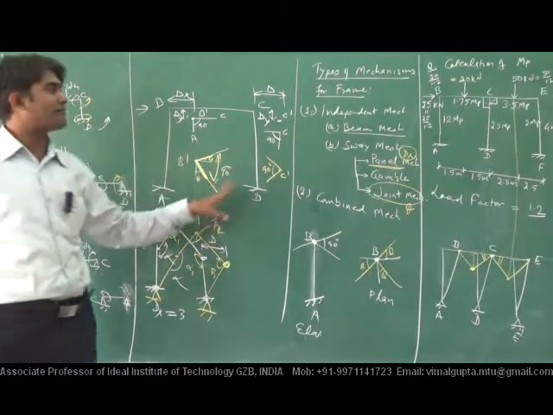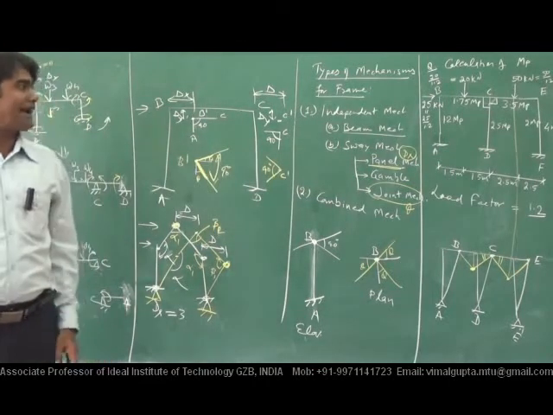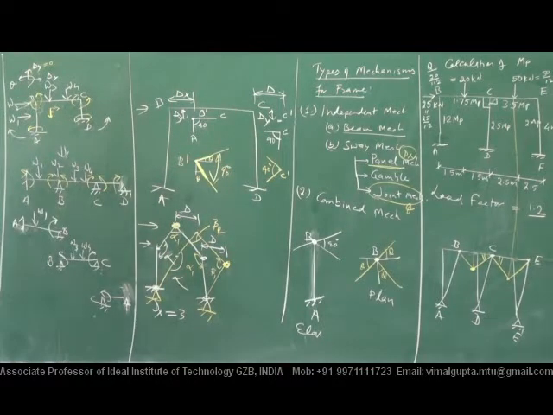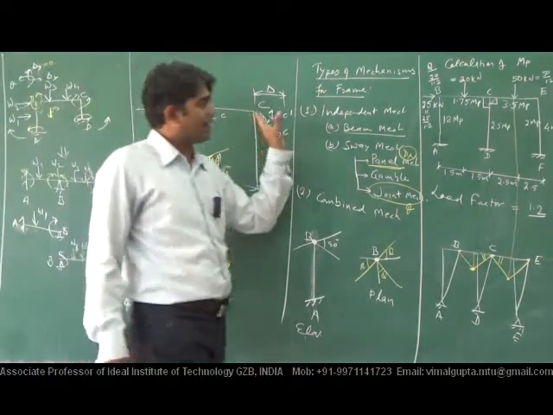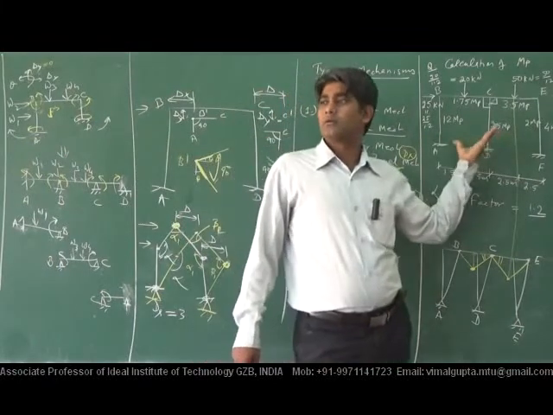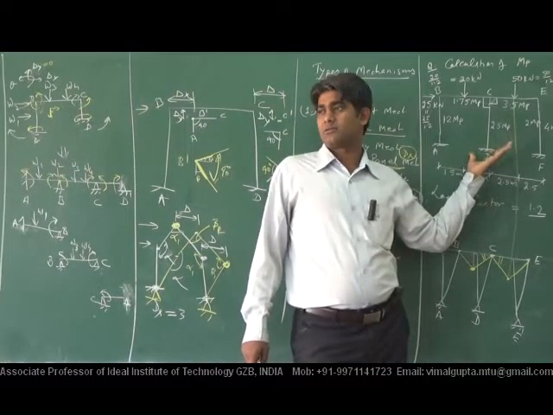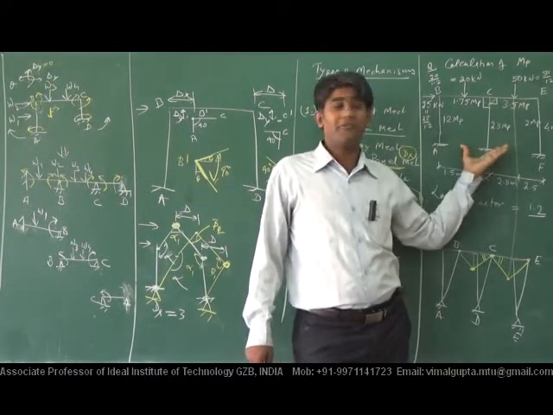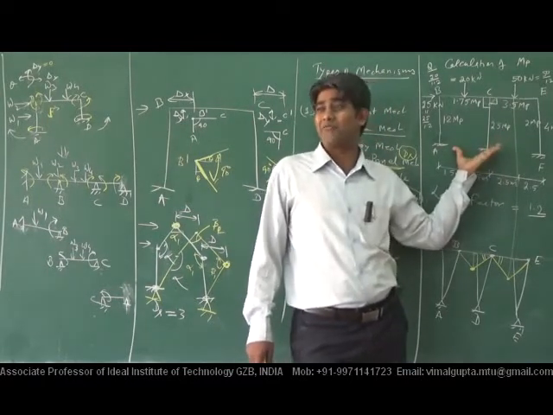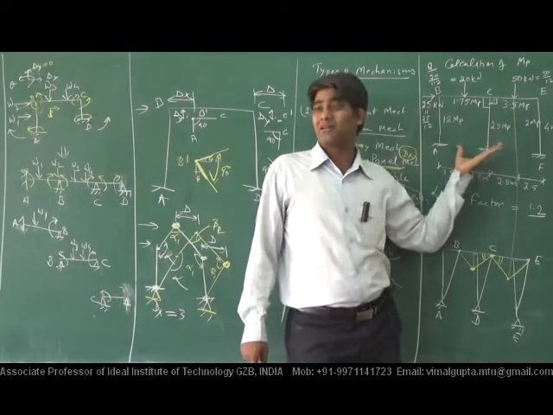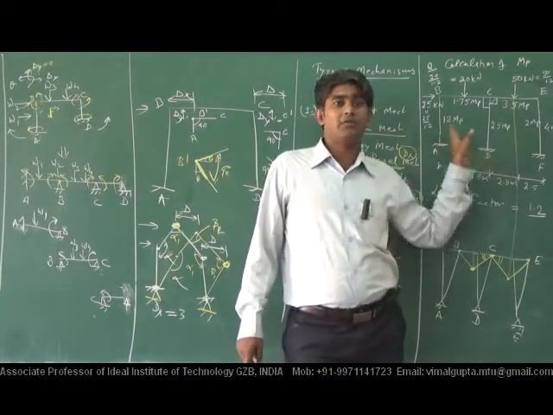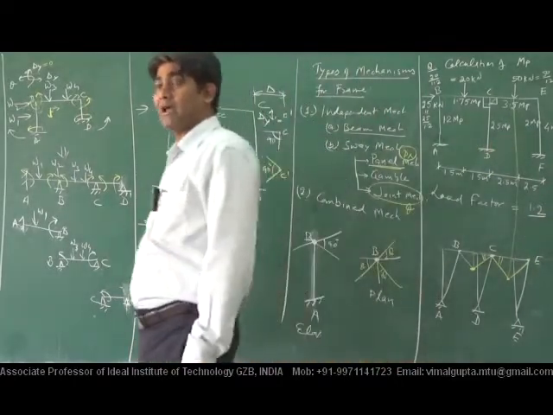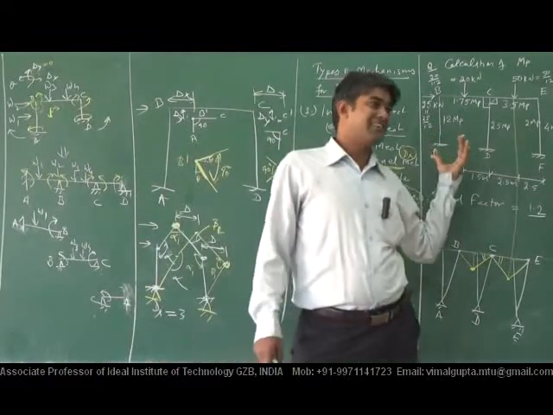Now it is complete information regarding the mechanisms which will be used in plastic analysis of the frame. Now you are able to calculate anything in the structure. This is a big example of the frame. If you are able to find the value of the collapse load, the value of MP, then I hope you will be able to solve any type of question, because it has the maximum complexity.